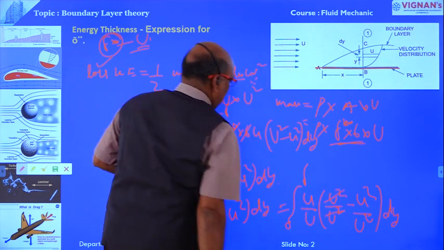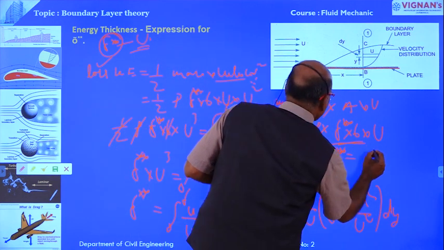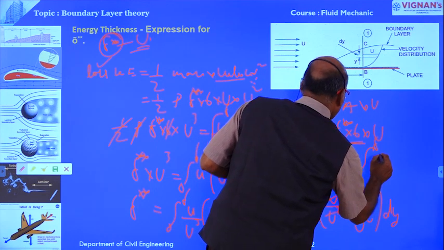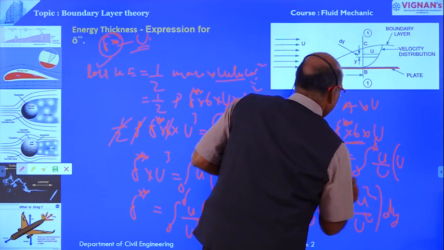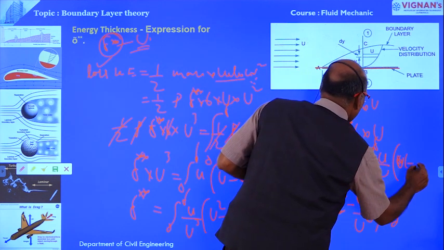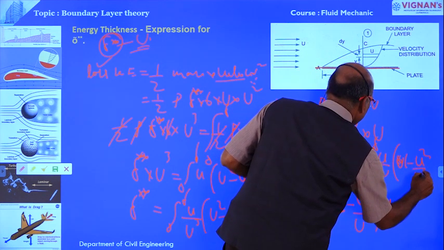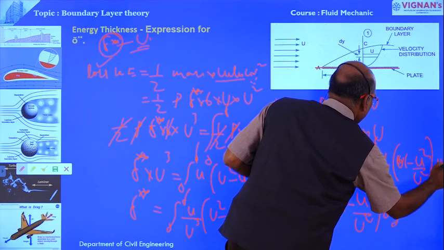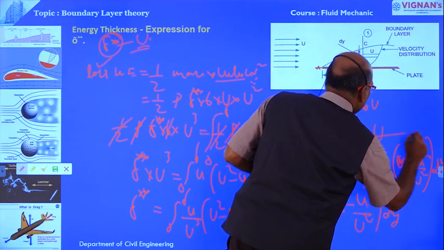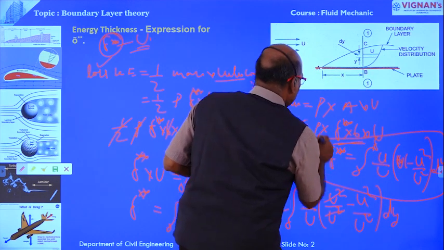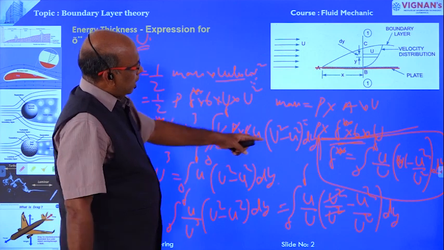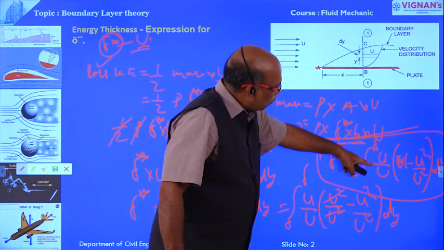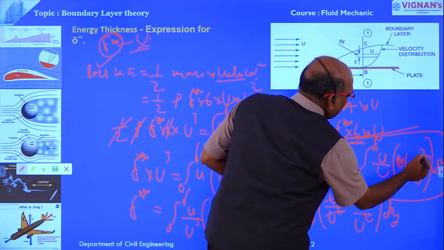Now this gets cancelled. Energy thickness is equal to the integral 0 to delta of small u by capital U into 1 minus small u square by capital U square dy. This is the formula used for the determination of the energy thickness.